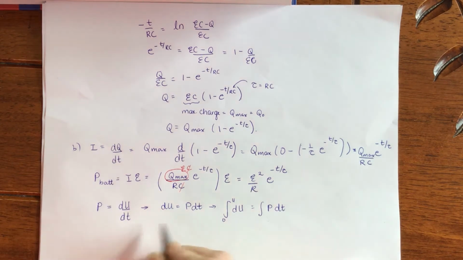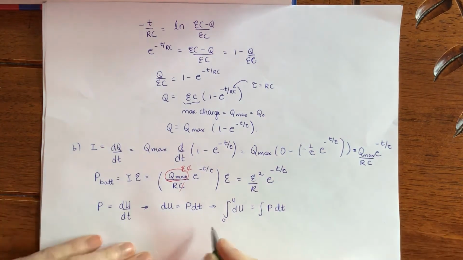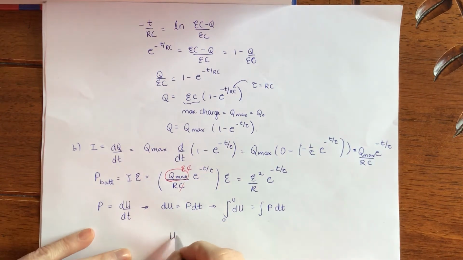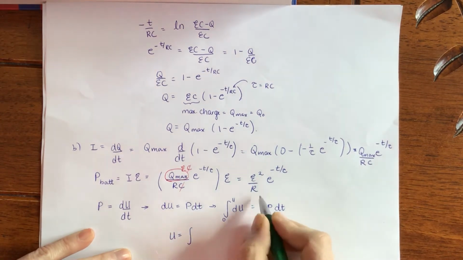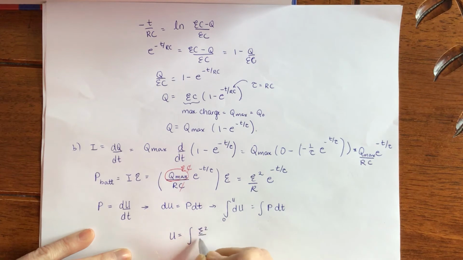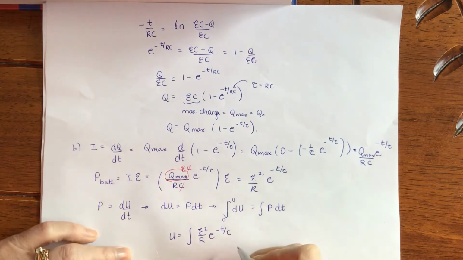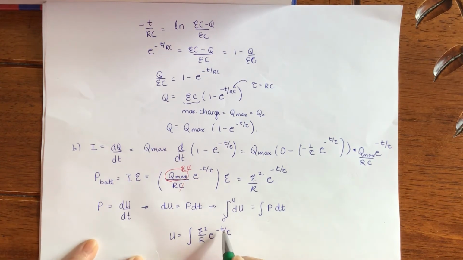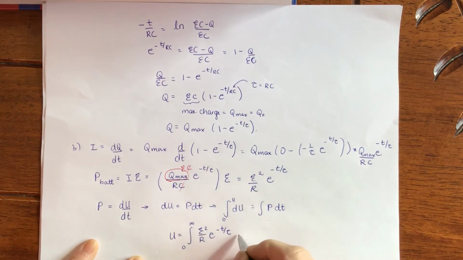Let's fill in what we have next. So the integral of dU is just U. We've got the integral of our power, epsilon squared over R, e to the minus t over tau. To get the capacitor to the full charge, the total energy supplied by the battery, we'll take our time from 0 to infinity.